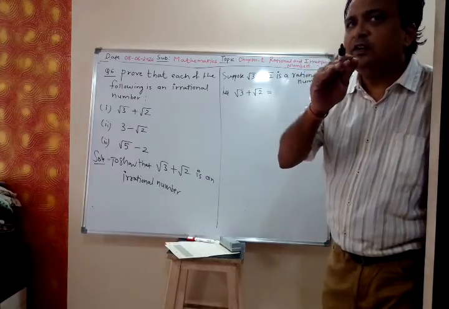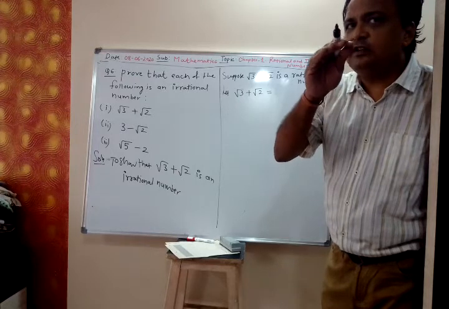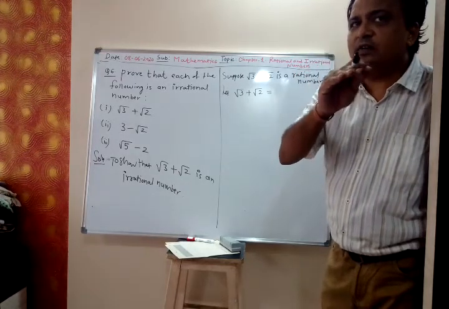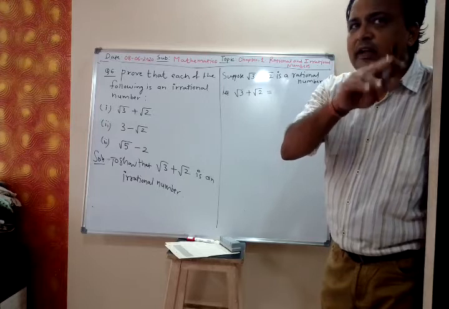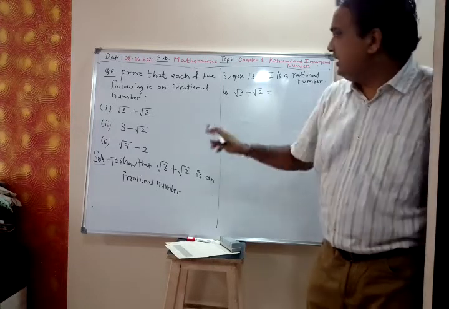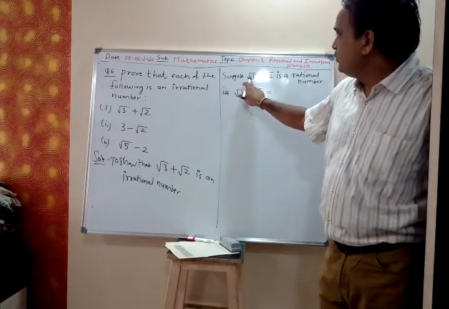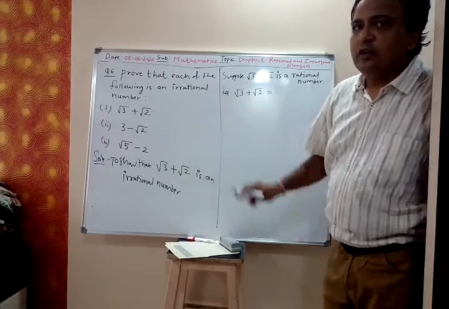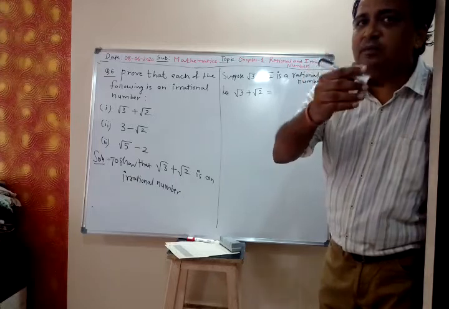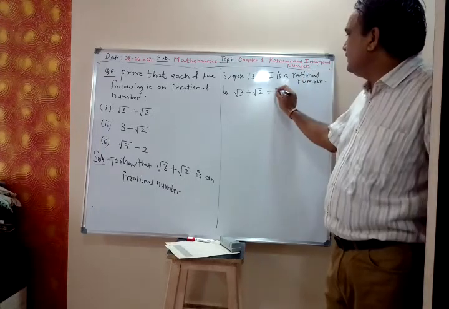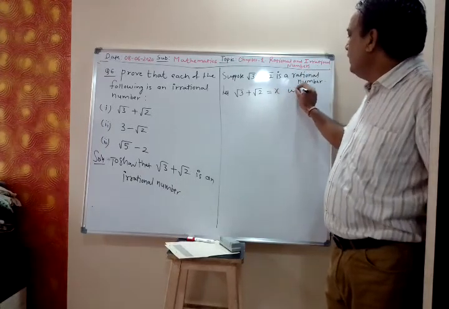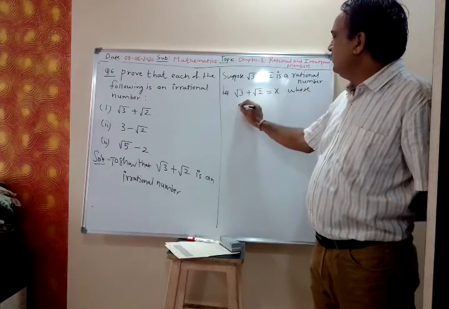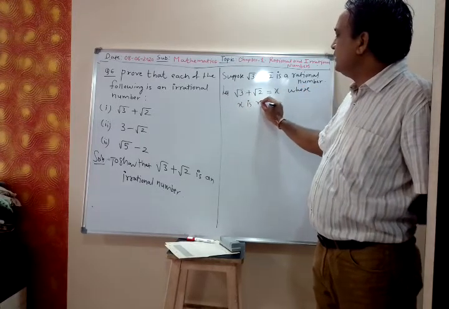Root 3 is equal to a upon b, we wrote, a rational number. But here it is not a single term. There are two terms, root 3 and root 2. So instead of the rational number a by b, I will write x, where x is a rational number.